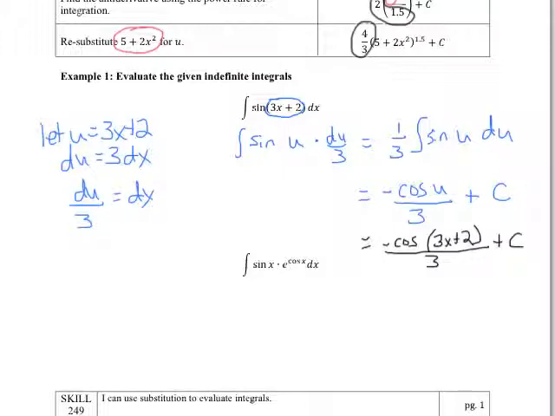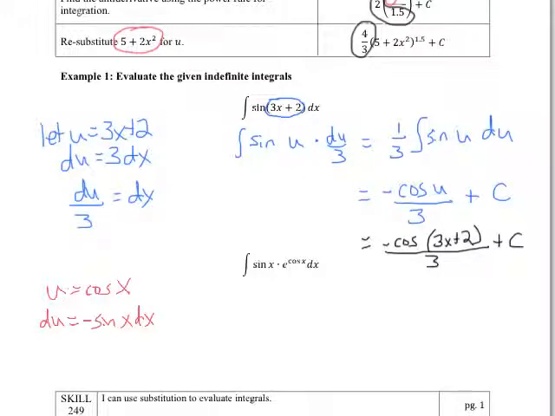So I'm going to let my u be equal to cosine x. So if u is that, then the derivative of u is equal to negative sine x dx.